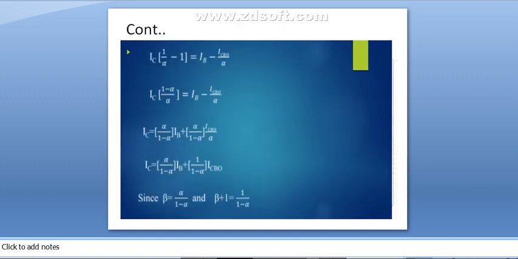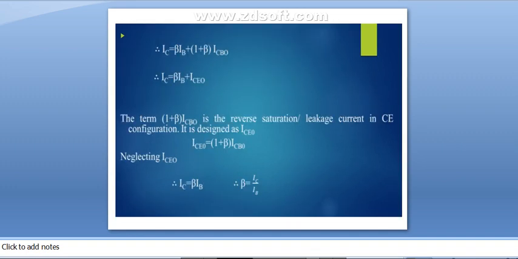Here, in place of alpha by 1 minus alpha, substitute beta, and in place of 1 by 1 minus alpha, substitute 1 plus beta. Then we get IC equal to beta IB plus 1 plus beta ICBO. Here 1 plus beta ICBO equal to ICEO.